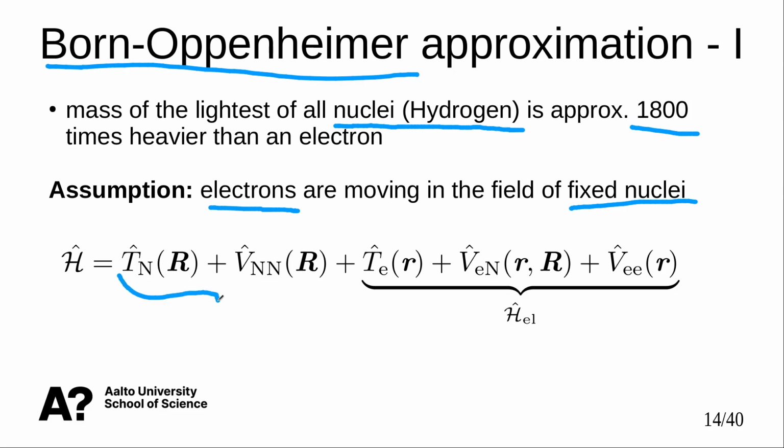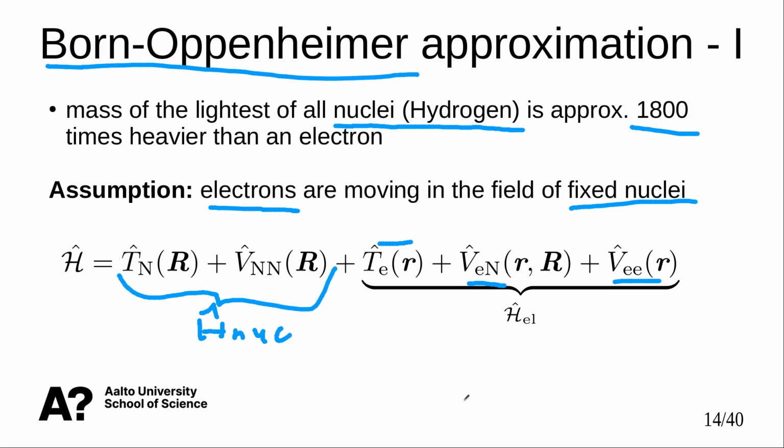The first two elements here are sometimes, but quite rarely, called the nuclear Hamiltonian, which has the pure nuclear parts in it: the kinetic energy of the nuclei and the potential of the nuclear-nuclear interaction. And then the electronic part of the Hamiltonian is composed of the kinetic energy of the electrons, the electron-nuclear interaction, as well as the electron-electron interaction.